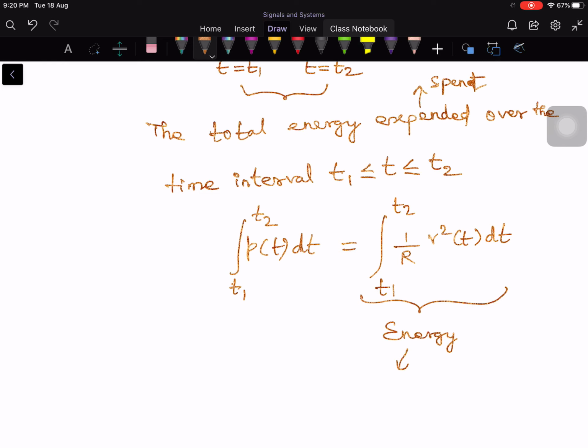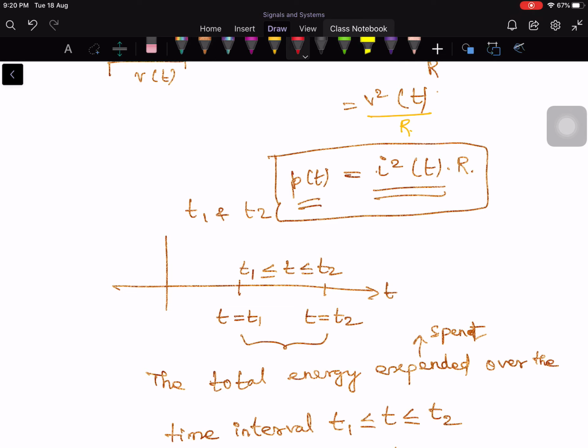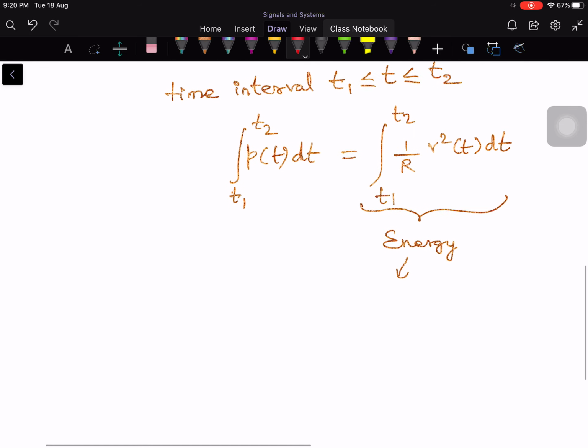From this total energy, we can find the average power, because this power is instantaneous power, but what we want is the average power over the duration t1 to t2. Therefore the average power over the time interval t1 to t2 is, you first find the energy and divide by the time duration.